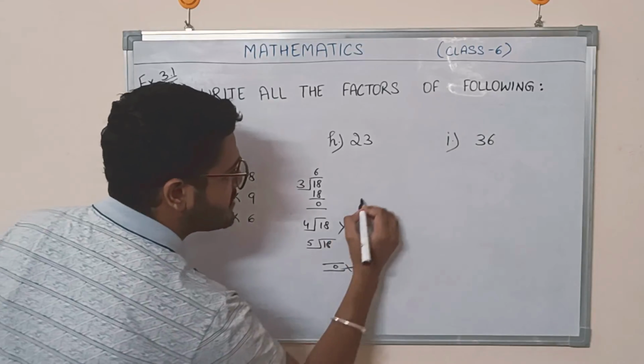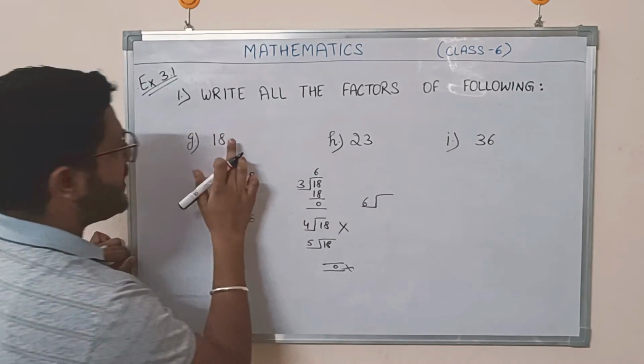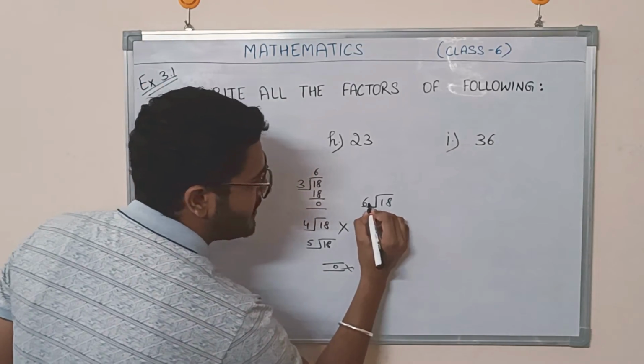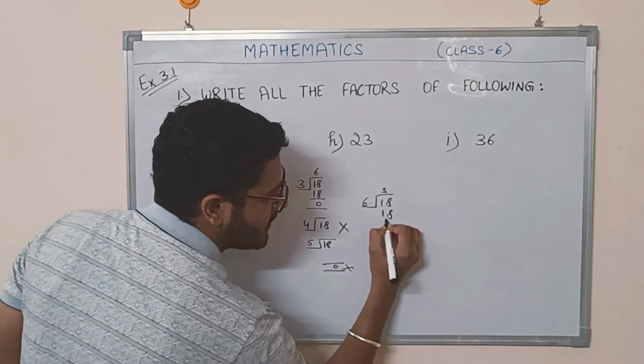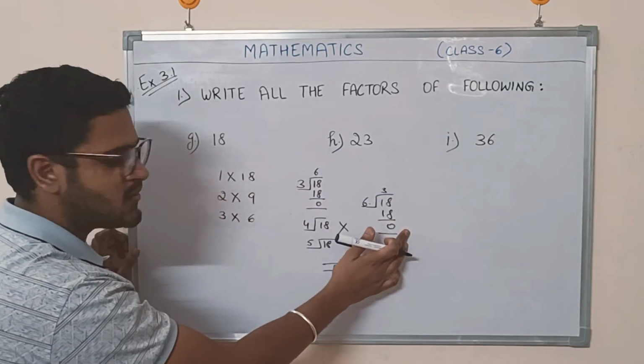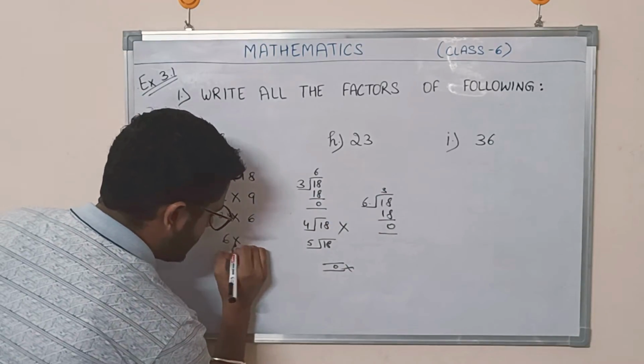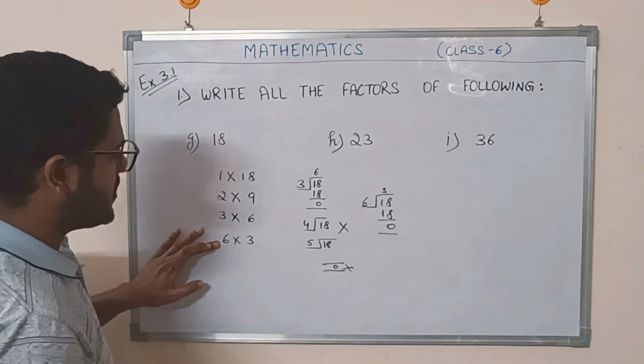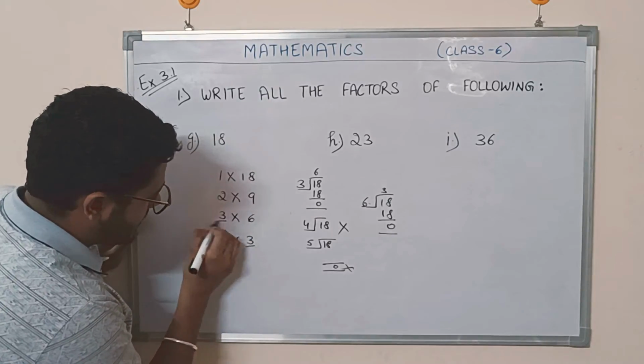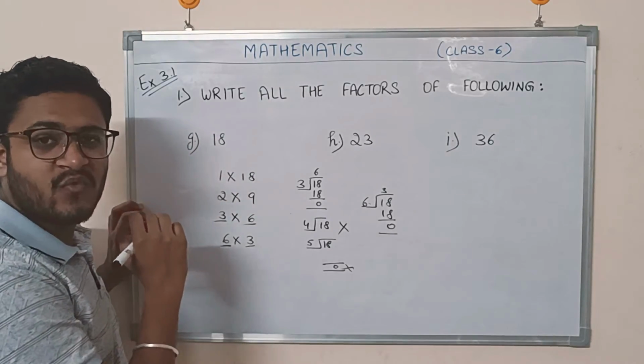Okay. Now try with 6. 18 divided by 6. 6 3s are 18 and the remainder is 0. Okay. So from here it will be 6 into 3. When we did 6 into 3, we found that our factors started repeating. So what we will do?